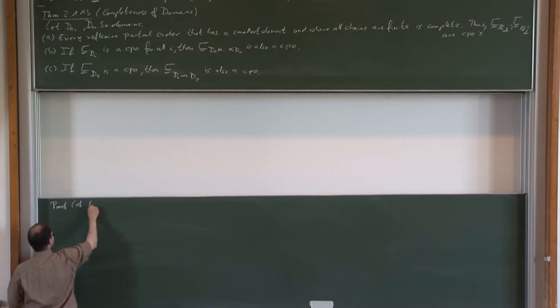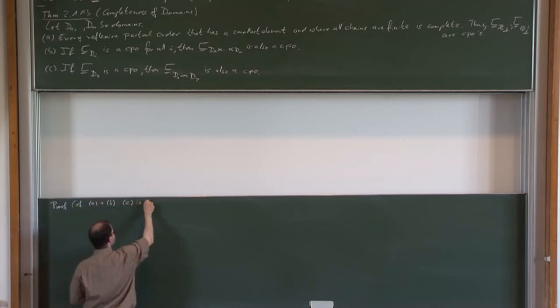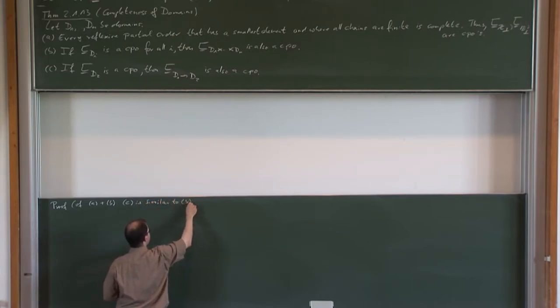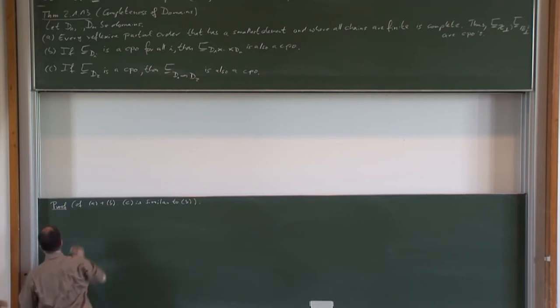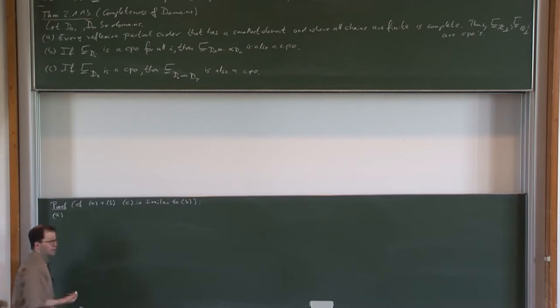Okay, A says if a chain is finite, then it also has a least upper bound. That's what it basically says. So let's look at a chain which is finite.